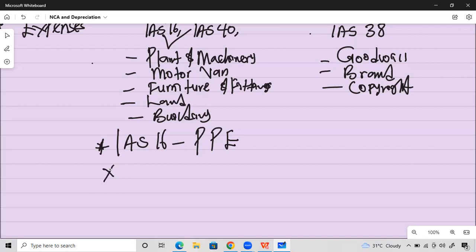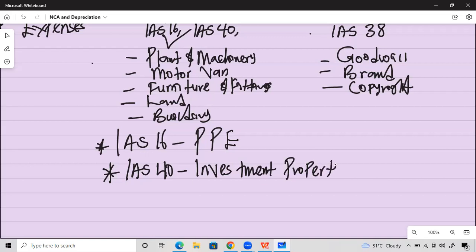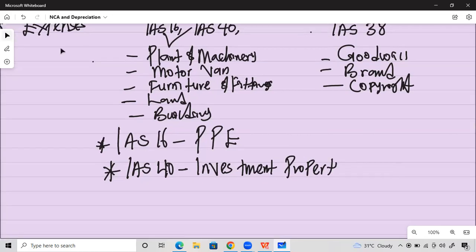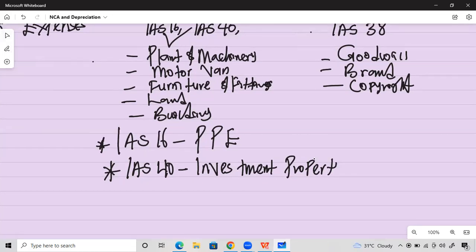I also made mention of another standard, which is IAS 40. IAS 40 deals with investment property. I also made mention of IAS 38. IAS 38 deals with intangible assets.